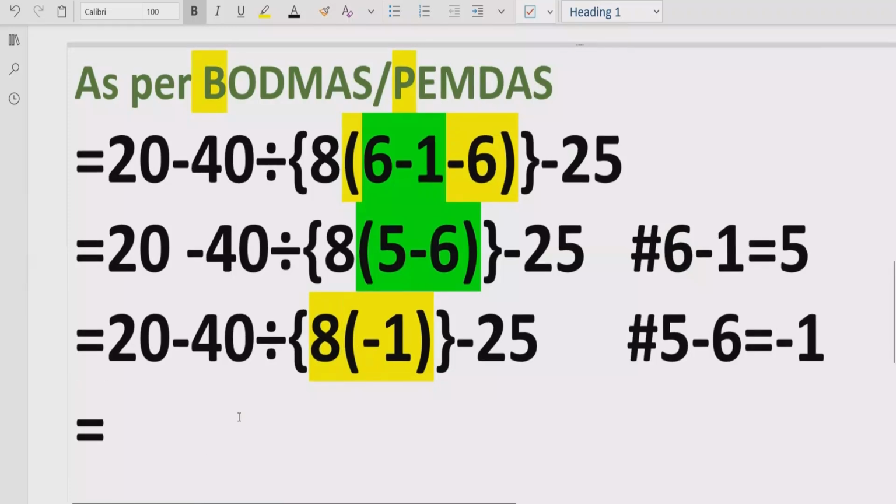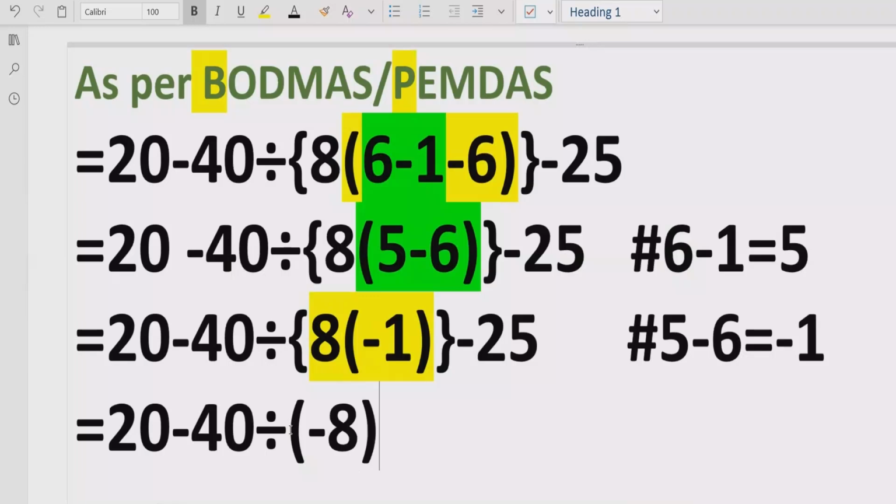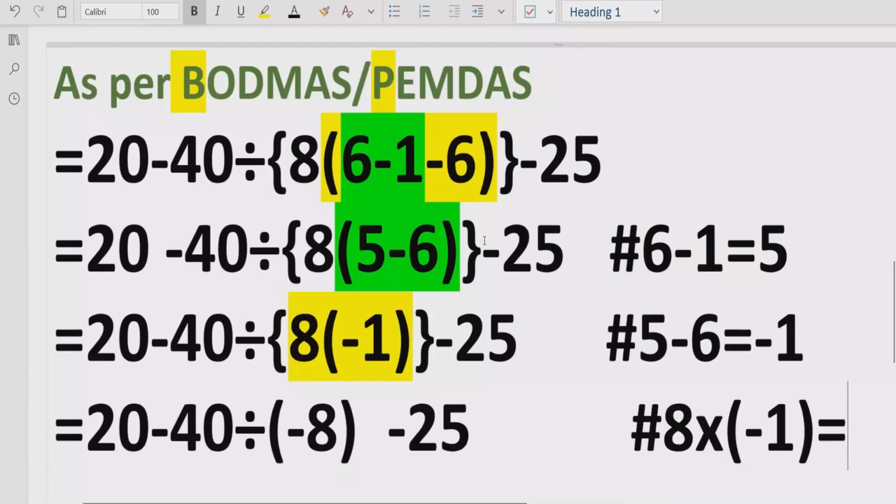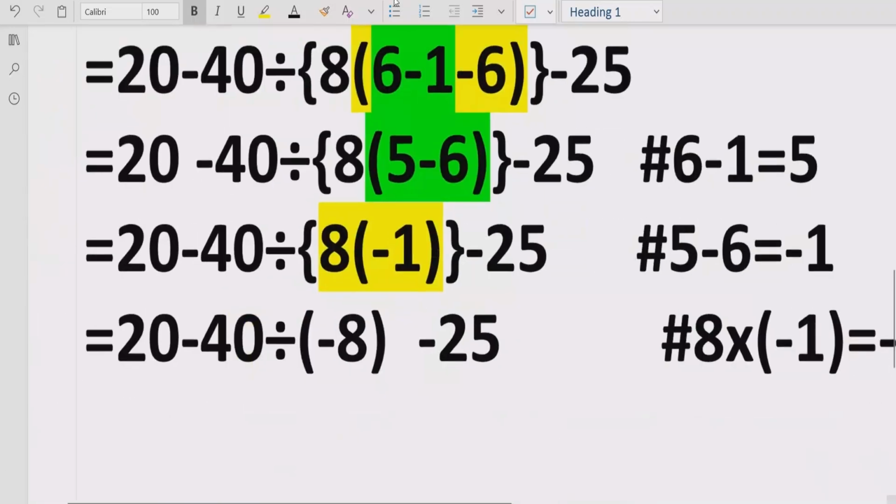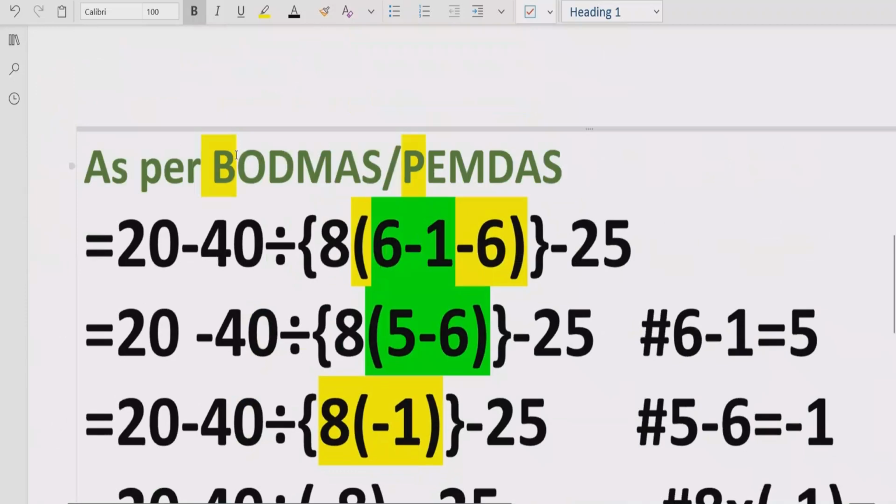So we will write 20 minus 40 divided by 8 minus 1 becomes minus 8, and minus 25 we will write here as it is, and we will give the reference: 8 multiplied by minus 1 becomes minus 8. Now move forward, we have solved the bracket.